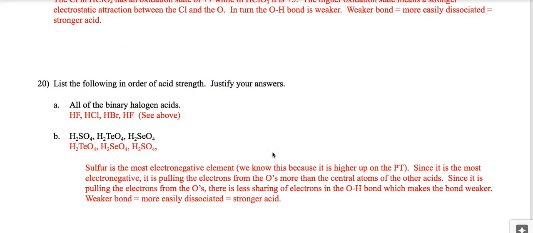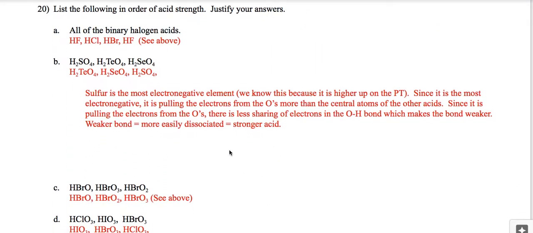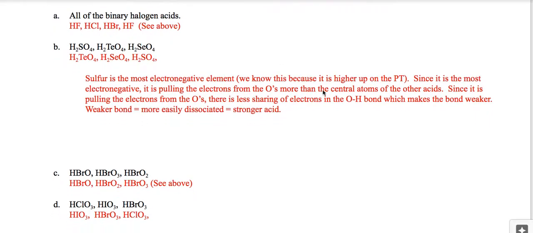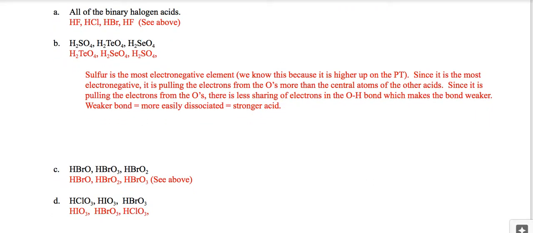Now we can go on to this one here. We have different central atoms. So let's circle those central atoms so we can see them. But we have similar oxidation states. So each of these are going to have an oxidation state of +7. And the Lewis structure for these looks like this.